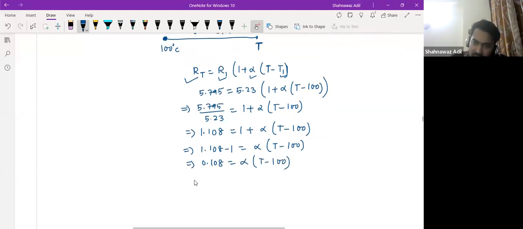So we divide by alpha and then we will get T minus 100.